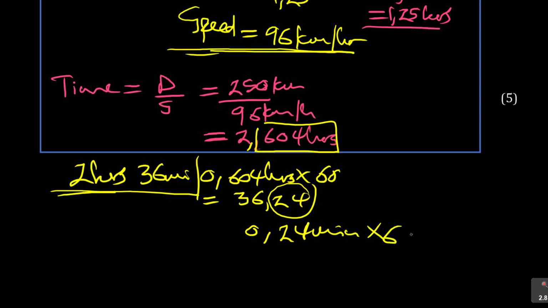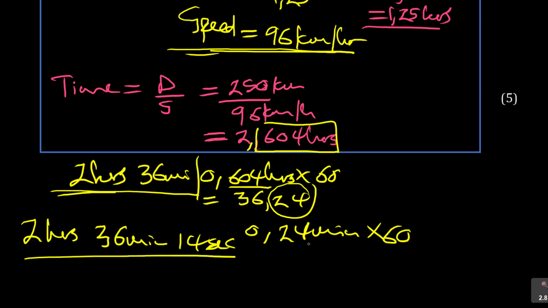Multiply by 60 to change from minutes to seconds, just like you multiplied by 60 the 0.604 hours. So multiply the 0.24 by 60. 0.24 times 60 equals 14.4. So it will be 2 hours 36 minutes 14 seconds.